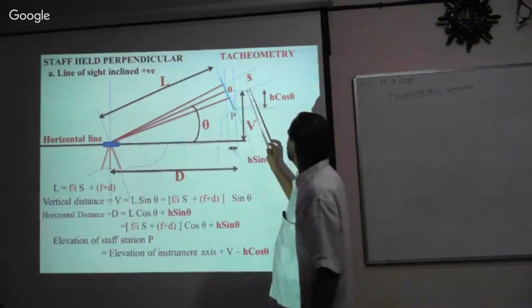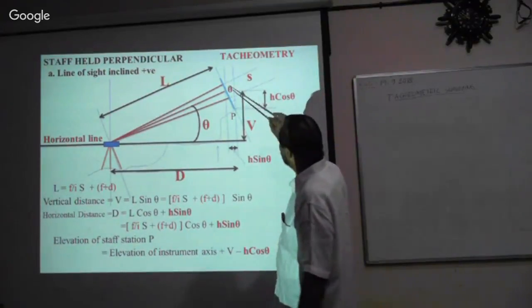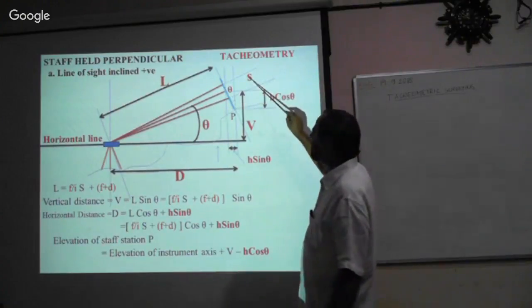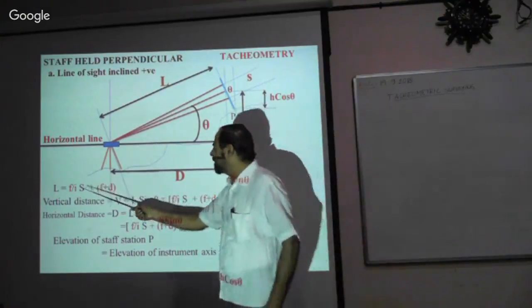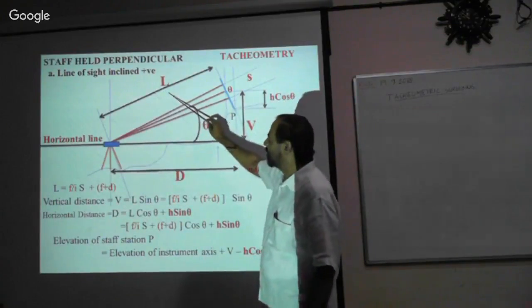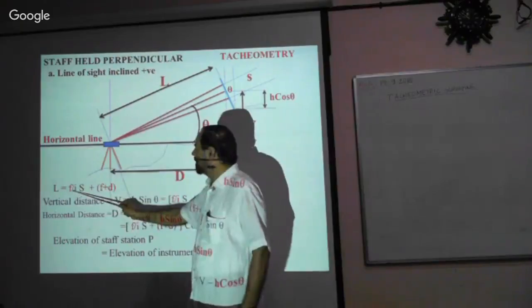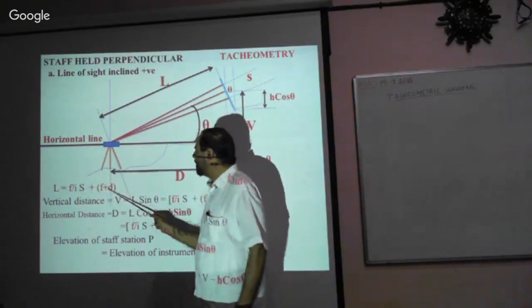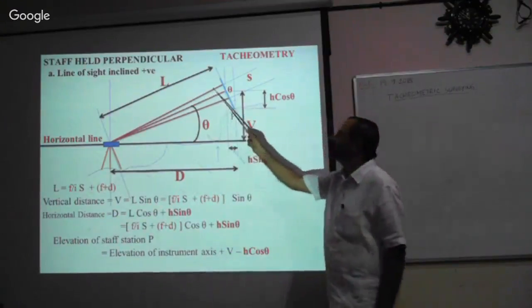Now we are reading the staff perpendicular to the line of sight, therefore no modification is required here. Therefore L is equal to f by i multiplied by s, plus the constant. Now our problem is solved.